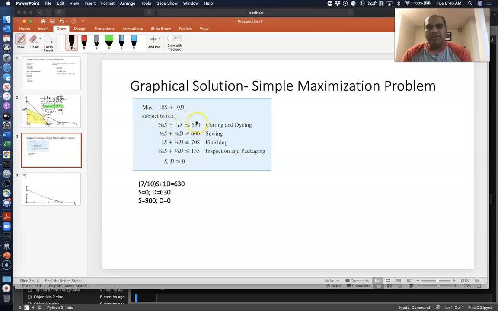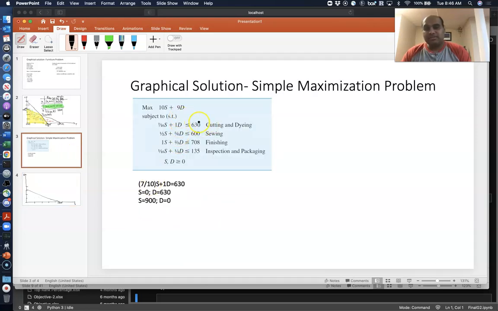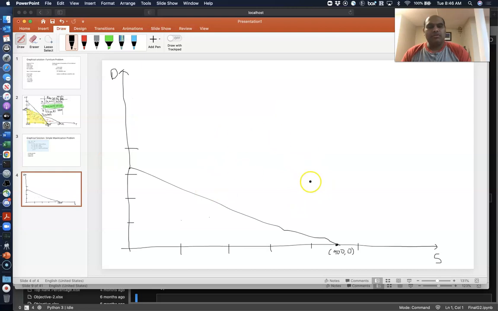So 340 is definitely less than 630, which means that 200 comma 200 is on the same side as the less than or equal to side. So all the points here will be such that 7 over 10 times S plus 1 times D is less than 630, and all the points here will be the greater than or equal to. So this is the start of my feasible region. So I mean, you can either color it, or I'm just going to leave it as it is.